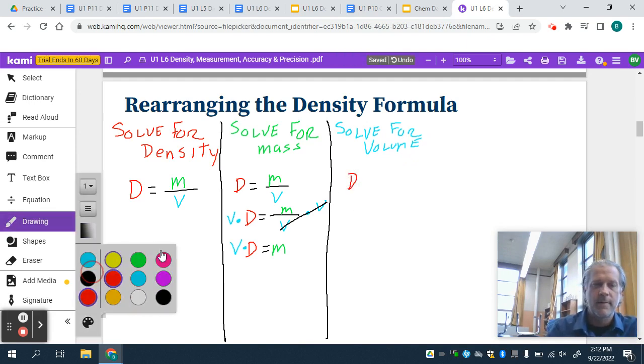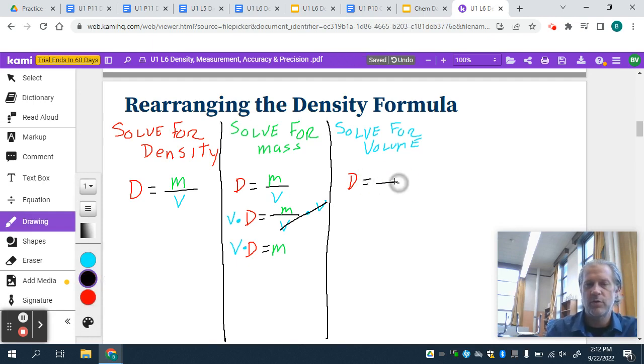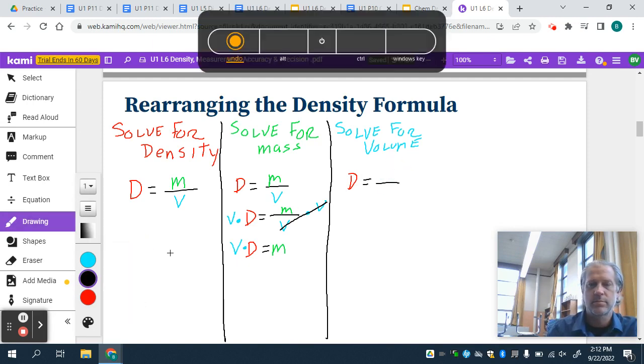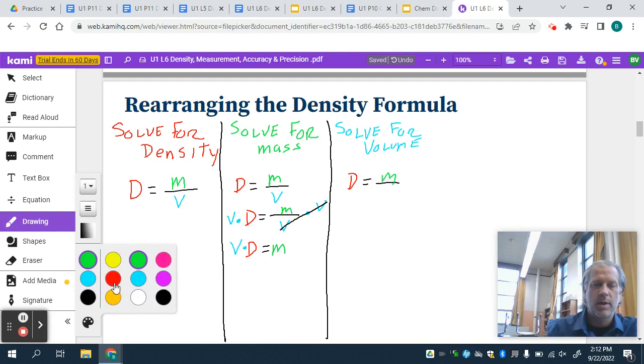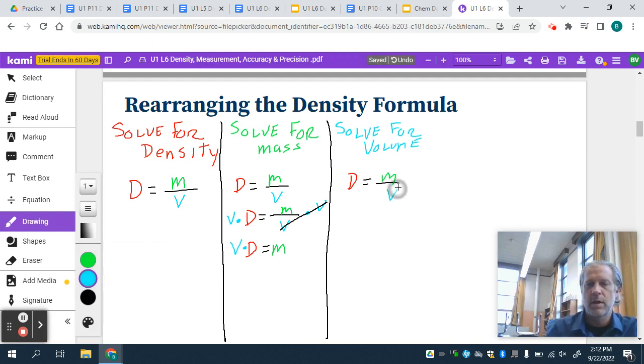So density, because we always want to start with the same thing. So density is going to be equal to mass over volume. And then we're going to do the same thing we did before, where we multiply volume to both sides. So I'm just going to copy what we did before.